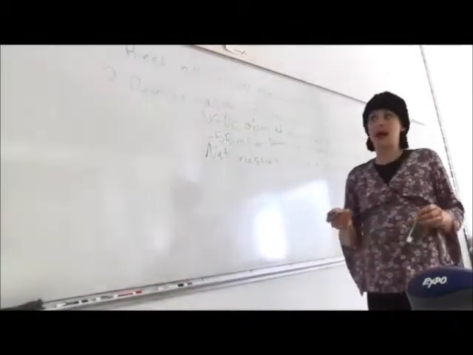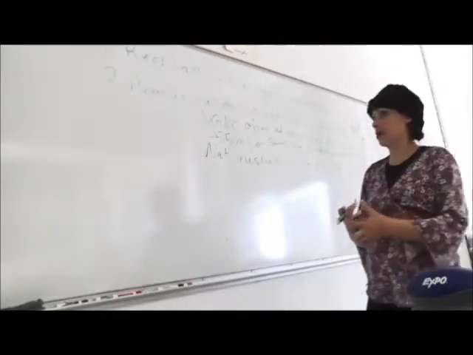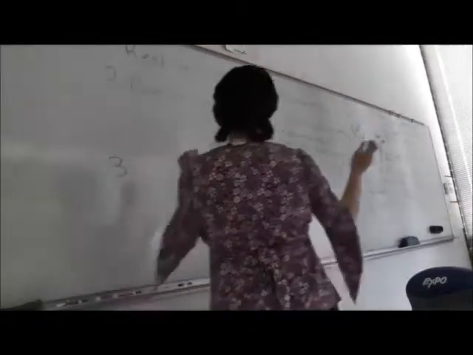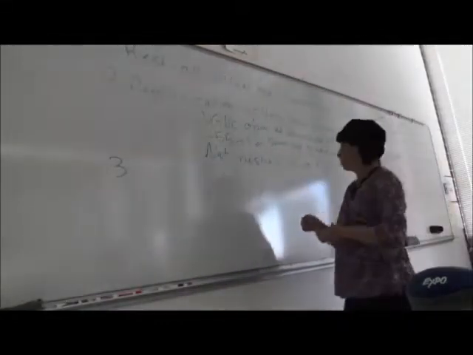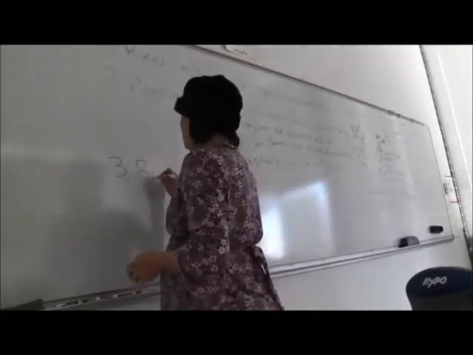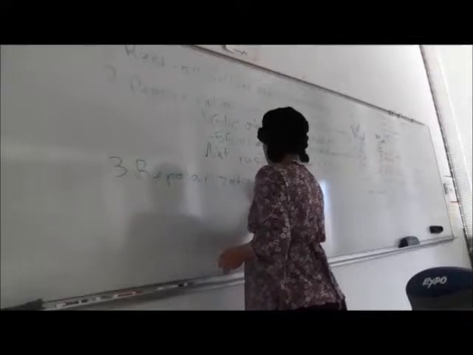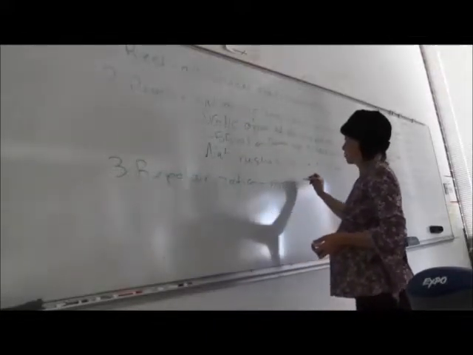What happens at positive 30 millivolts? We begin repolarizing and moving back toward rest. Why? Our sodium channels snap shut, and our voltage-gated potassium channels are going to take over. So our third step is repolarization. This is going to move us back toward rest.